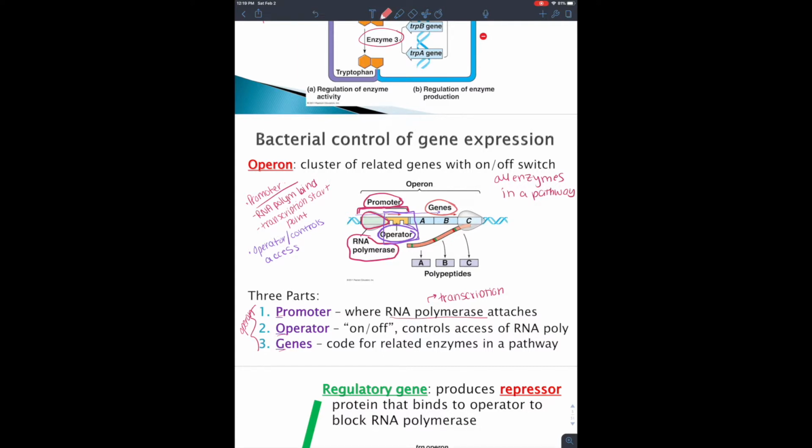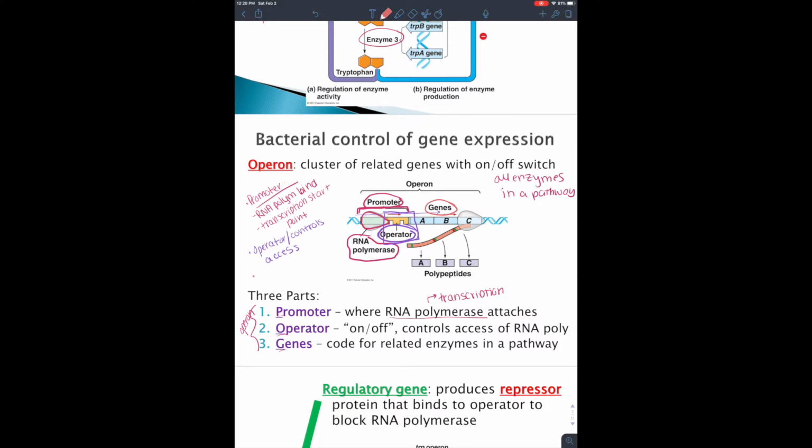That DNA codes for some sort of amino acid, and when they're put together with other amino acids, we make a protein. So that gene is going to code for something. I need to transcribe it and translate it in order to make my final product. It could be a protein, it could be an enzyme, it could be a ligand, it can be anything.